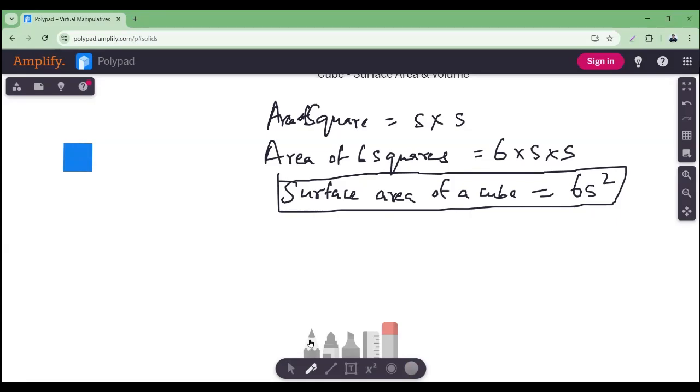Okay, a square plate is placed at the bottom, and then on top of that, one more square plate, and one more, and one more. Just imagine square plates placed on each other. What happens? This becomes a cube, isn't it?